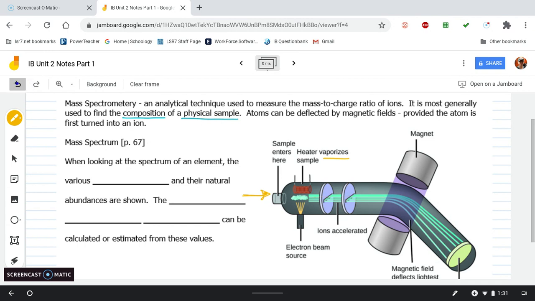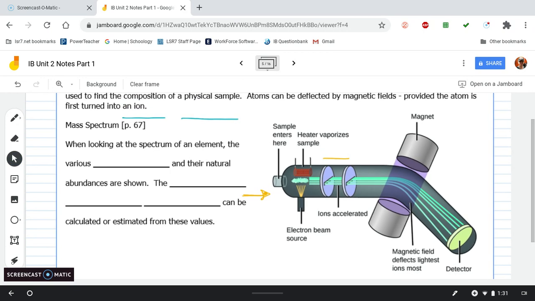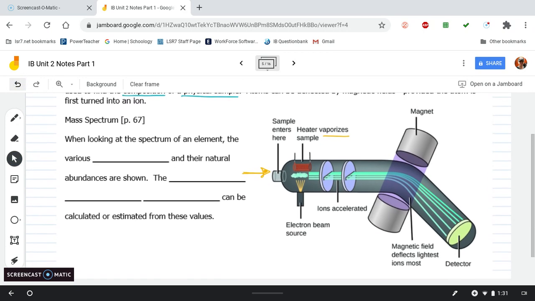When they hit this spot right here, there's a magnet. What the magnet does is it takes the particles and pushes them. The ones that are the lightest are going to get pushed the most. That should make sense to you: light things should be able to be pushed the most.